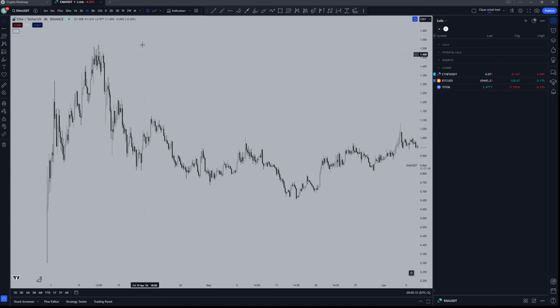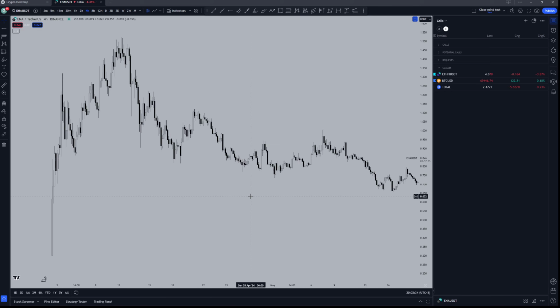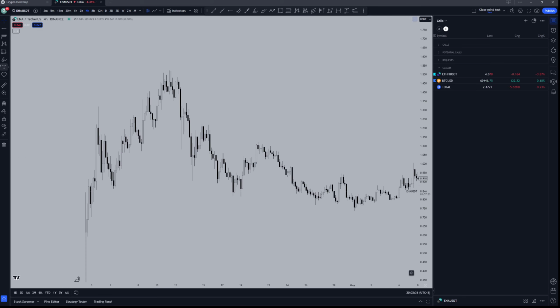I remember there was a shark somewhere, but I can't really find it, so we can probably find it in chart ideas. Oh, yeah. Okay, so it was from here to here to here.